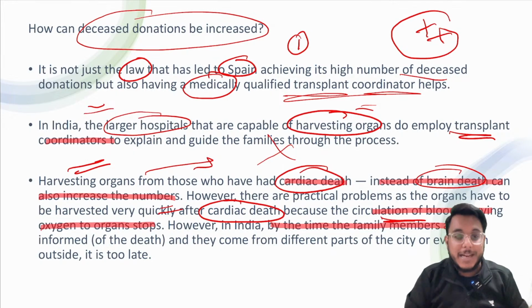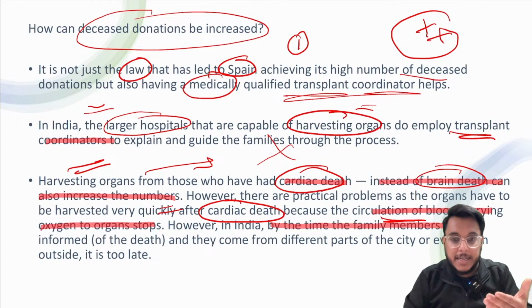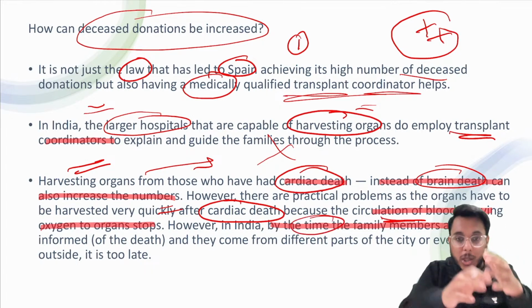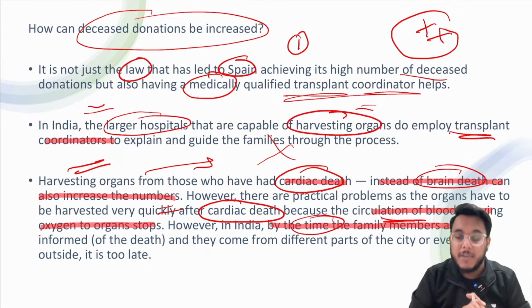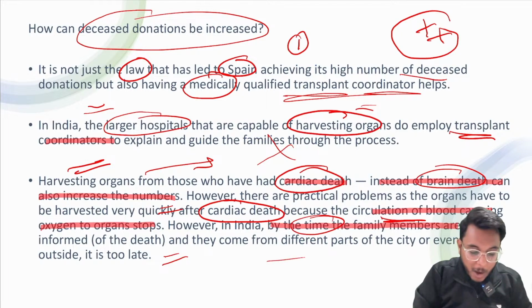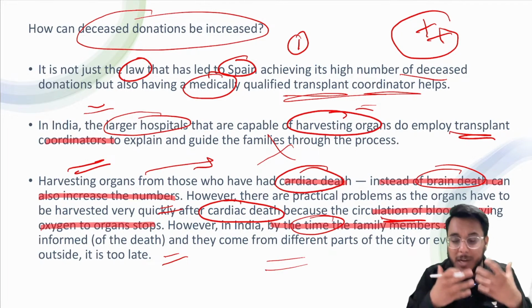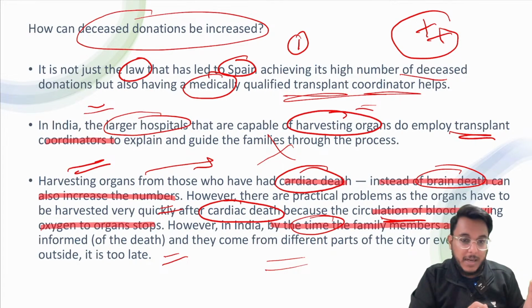In India, suppose a person has suffered cardiac death, and by the time all the family members come from different parts of the country, the organs will not be in a condition to be transplanted. So it is often too late.